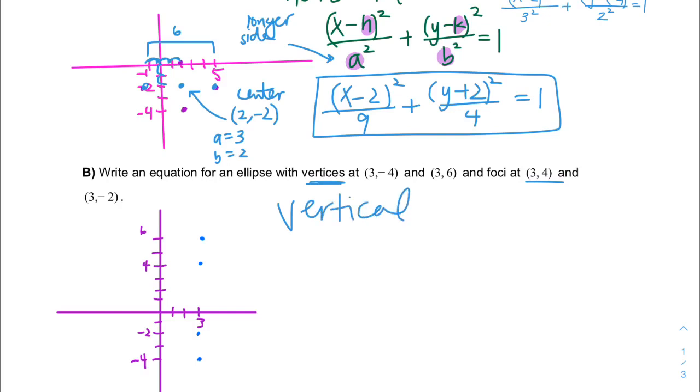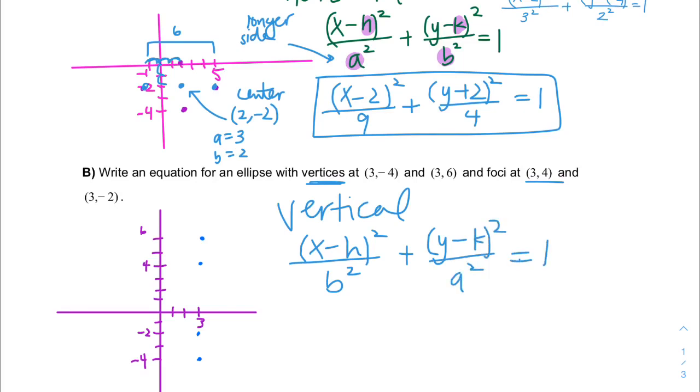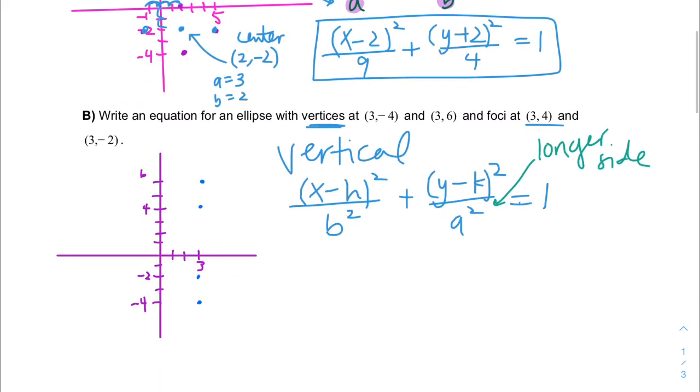And what that tells me is that when I write this equation here, actually, let's switch this. This is going to be my longer side over here. It should be underneath the y-coordinate because it's vertical, and our y-axis is vertical.